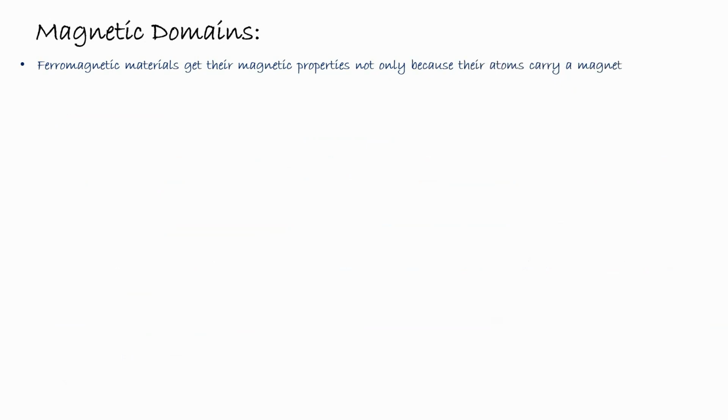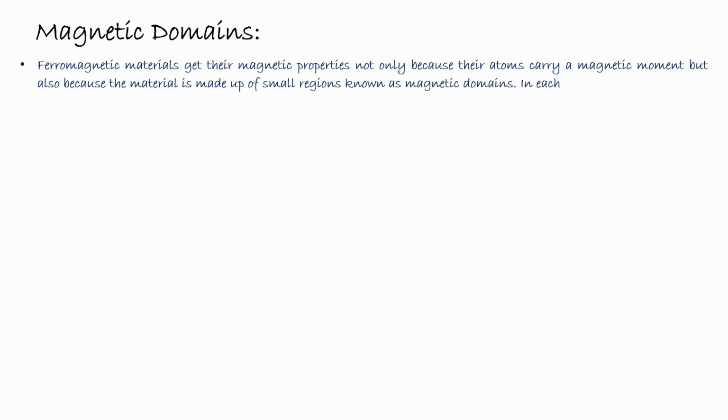Now, what is the magnetic domain? The ferromagnetic materials get their magnetic properties not only because their atoms carry a magnetic moment, but also because the material is made up of small regions known as the magnetic domain. In each domain, all of the atomic dipoles are coupled together in a particular direction.